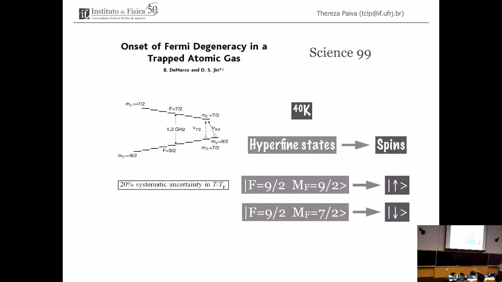And as Raimundo spoke briefly, we usually say spins, but it's not quite true. We don't have spins. We have hyperfine states, and here in potassium, the ones usually used are F9/2, and 2 states here, 7/2 and 9/2, and all the other states are evaporated out of the system so that we only remain with 2 states that we call up and down spins.